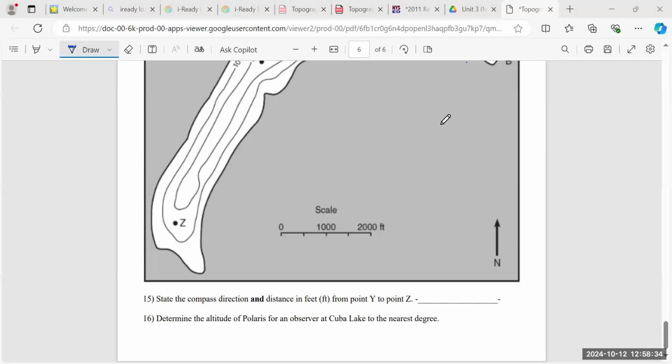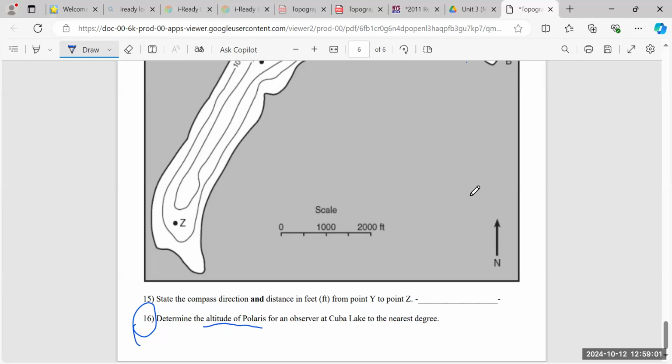All right, number 16. Number 16 says, determine the altitude of Polaris for an observer at Cuba Lake to the nearest degree, right? To the nearest degree. And actually should say nearest whole degree, so it's a typo right there. So what do I know about the altitude of Polaris? The altitude of Polaris is what angle I would see the star Polaris.